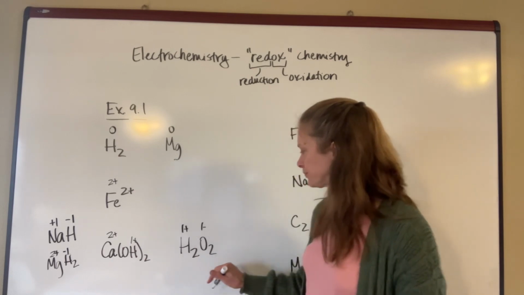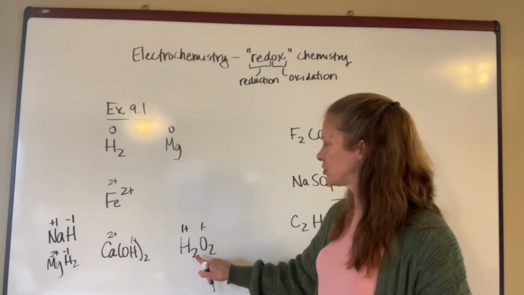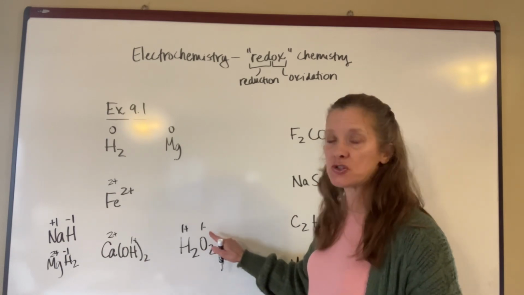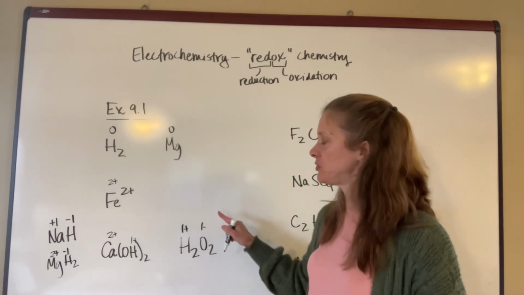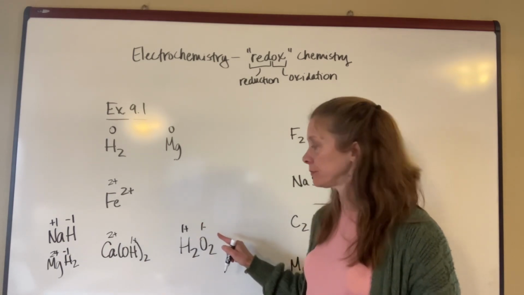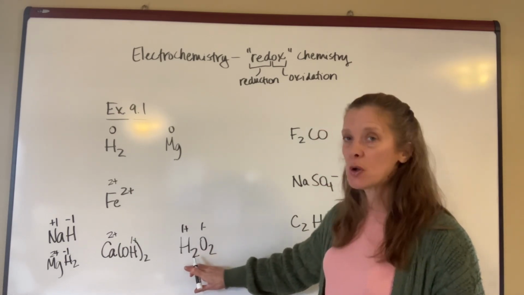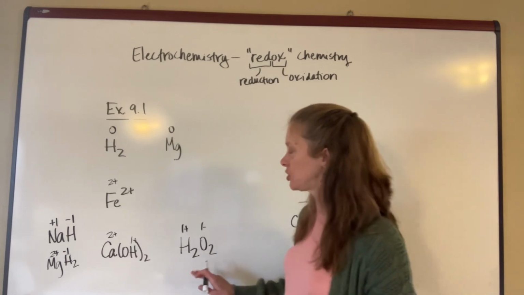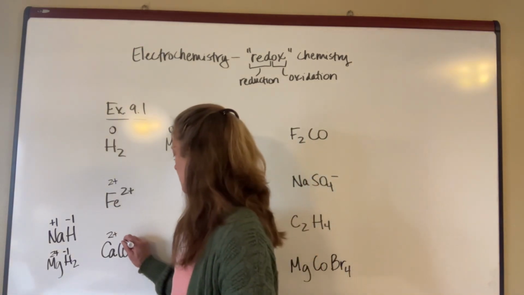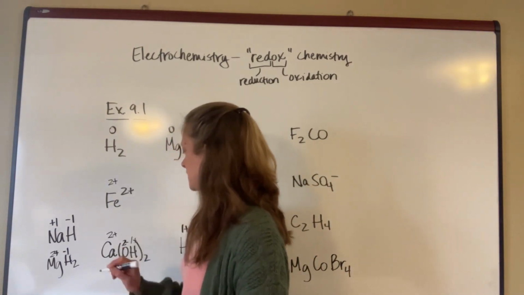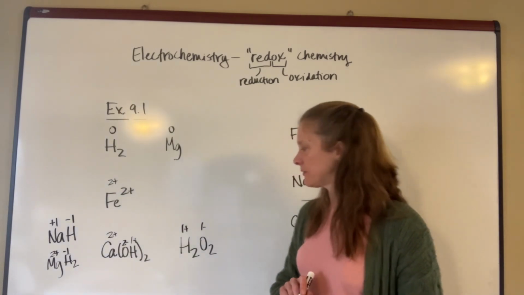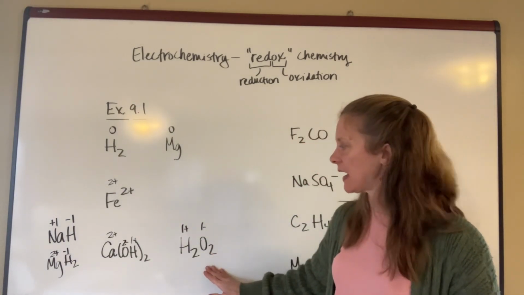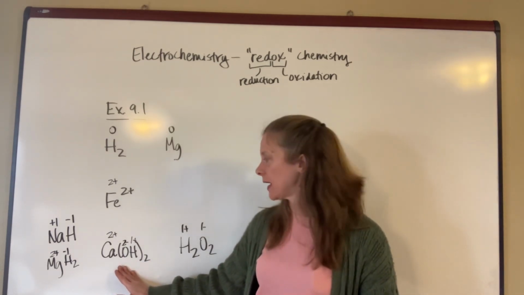And so here you can see I've got 2 positive 1s, which makes a positive 2, 2 negative 1s, which makes a negative 2, positive 2 and negative 2 adds up to 0, okay? So only if you have a peroxide is the oxygen going to have an oxidation number of negative 1. All other times, this is going to have an oxidation number of negative 2, okay? So negative 1 if it's in a peroxide, negative 2 every other time.